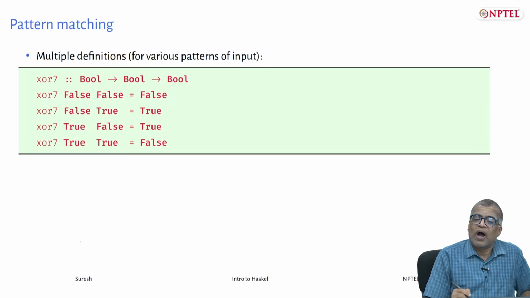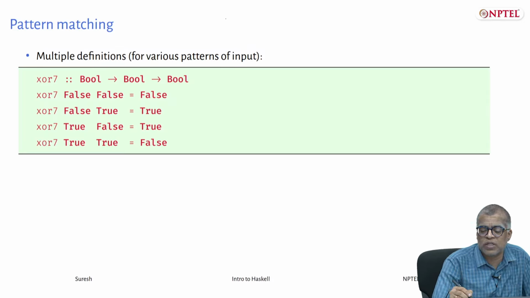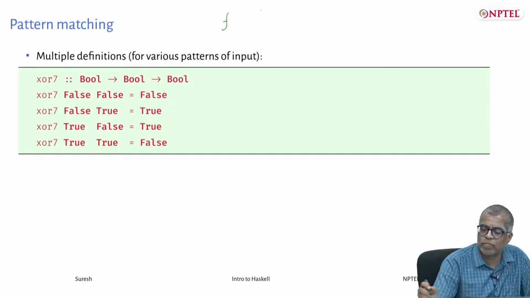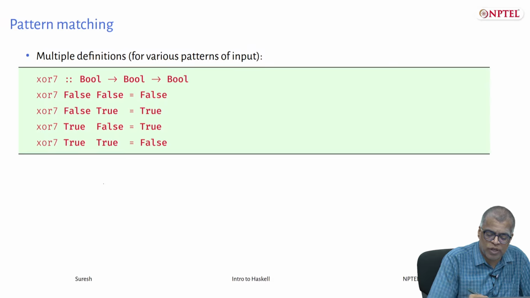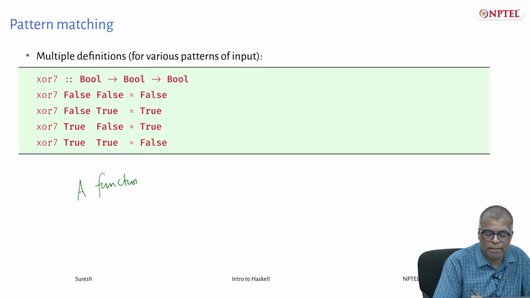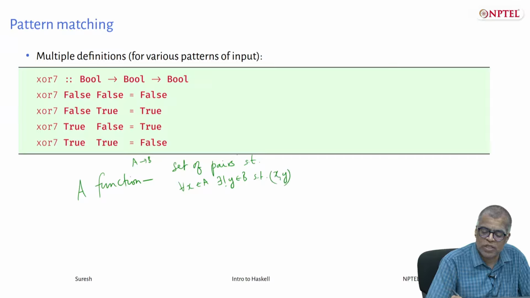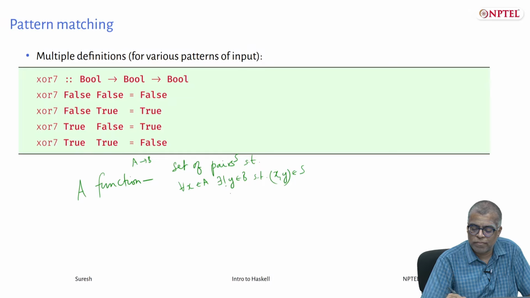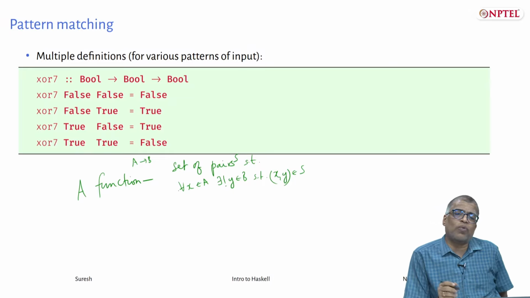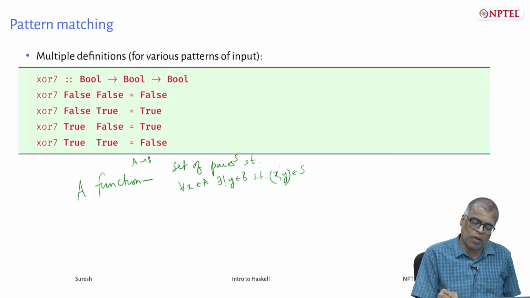Yes, there are. Okay. After all, what is a function? Mathematically, a function f from A to B, if you want to recall the mathematical definition, is just a set of pairs S, let us say, such that for all x there exists a unique y in B such that (x, y) belongs to the set.